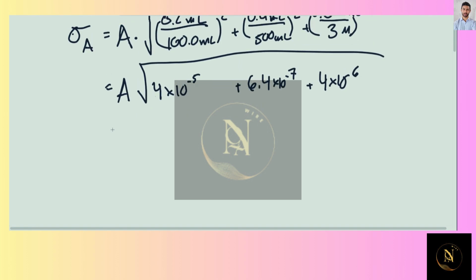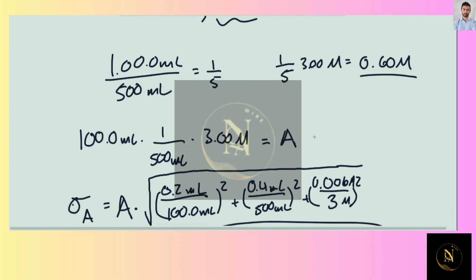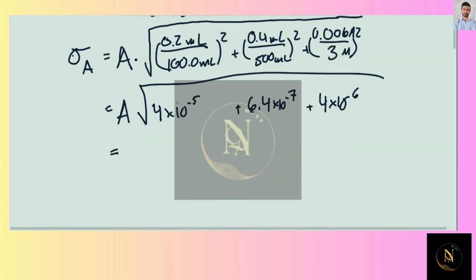Then we add all these together, take the square root, and multiply by A, which is the answer we found earlier.